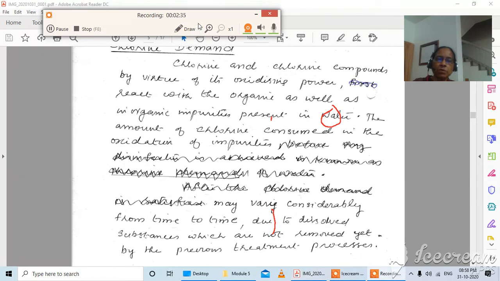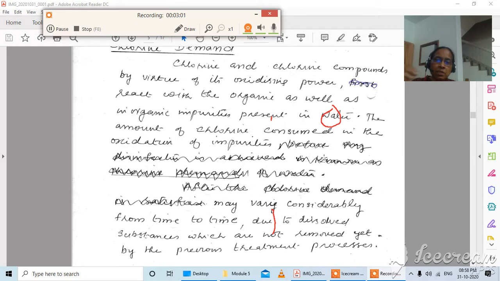That is, the chlorine demand in a particular water supply system itself varies every time. It depends upon the contents of the organic as well as the inorganic impurities in the water.